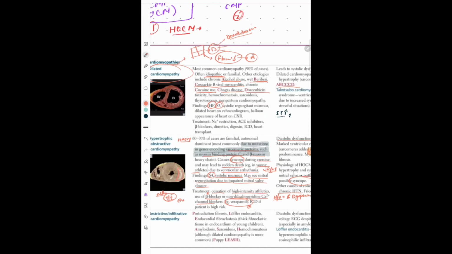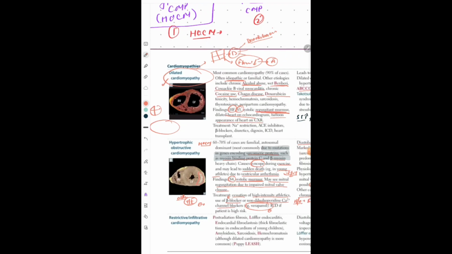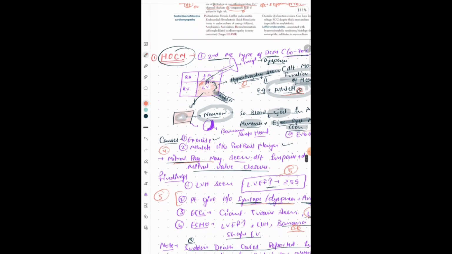If we talk about the murmur, it is mainly a regurgitant murmur. In echocardiogram, all four chambers are dilated and the heart shape is enlarged, so a balloon appearance is seen.